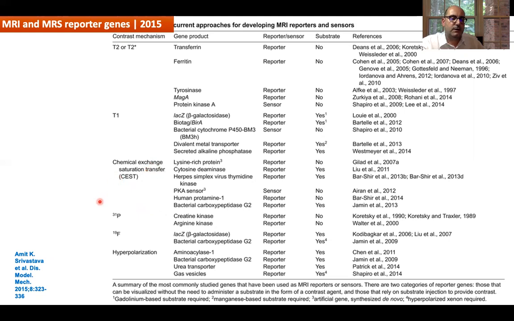There is a class of reporter genes that we developed in our lab that are based on CEST, the chemical exchange saturation transfer contrast mechanism. A few were designed for spectroscopy. And finally, there are a couple of reporter genes that were suggested that are based on hyperpolarization of nuclei.